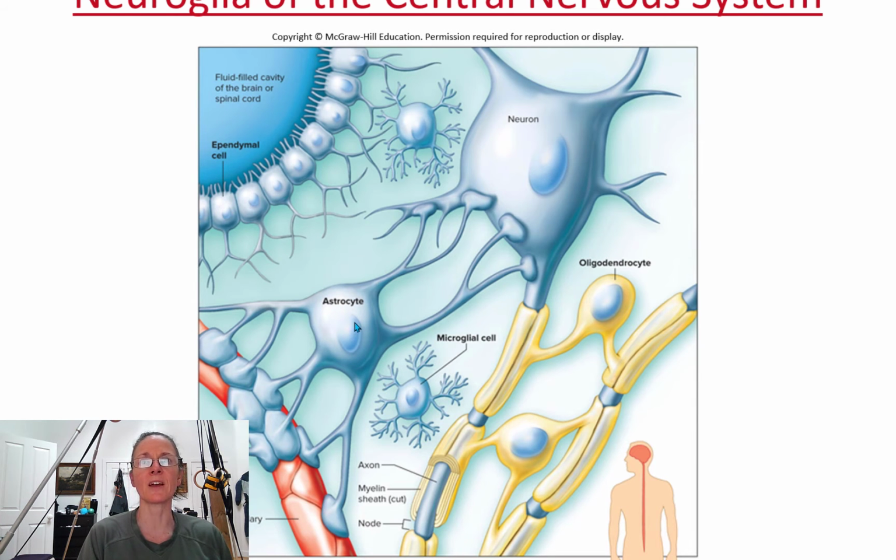Now, the astrocyte also has another function, and that is to wrap these processes, called astrocytic feet, around blood vessels, especially capillaries. And as you remember, capillaries are basically these very, very small blood vessels that have only their tunica intima left, only their innermost layer. And this is comprised of the endothelial lining and not much else.